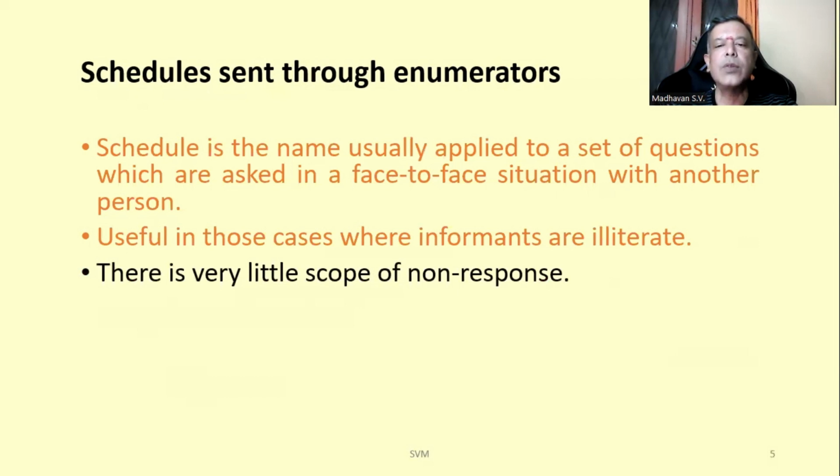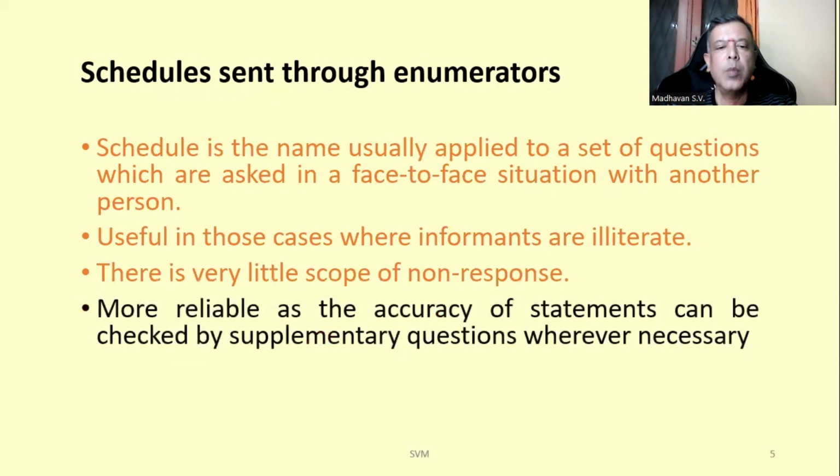So there is very little scope of non-response because he is there personally. The enumerator is there personally, so he will be able to get the answers for each and every question. More reliable, as the accuracy of statements can be checked by supplementary questions wherever necessary. Just to understand, your second question may be contrary to your 10th question.